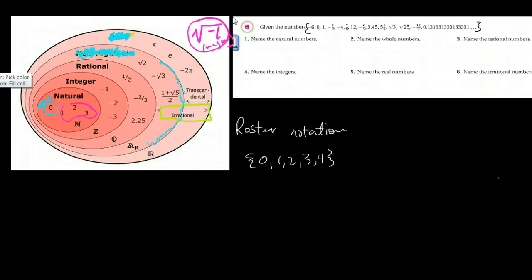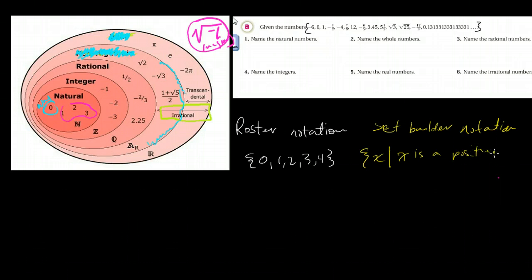We will contrast that with something called a set builder notation, which also makes use of the squiggly brackets, but it talks more about the characteristics of the number. So when we're talking about a set of numbers, we can say the set of numbers x such that x is a positive odd number, say.